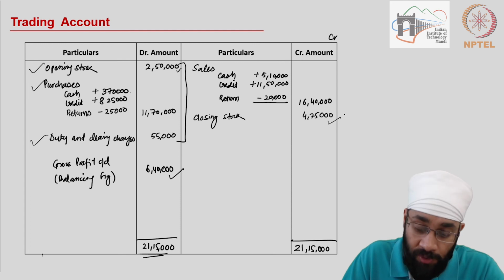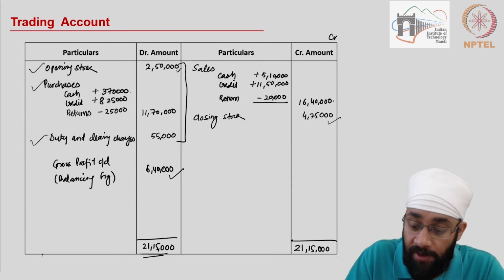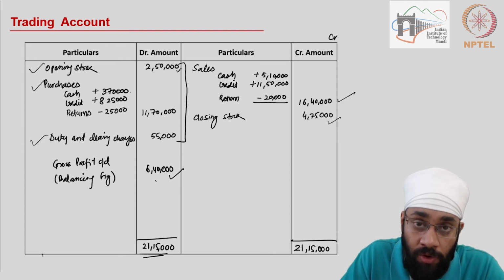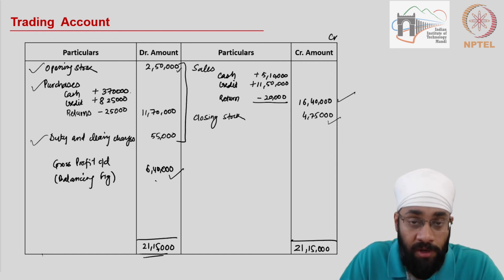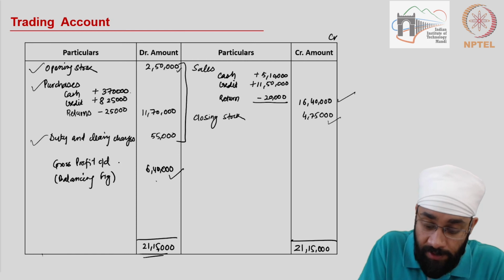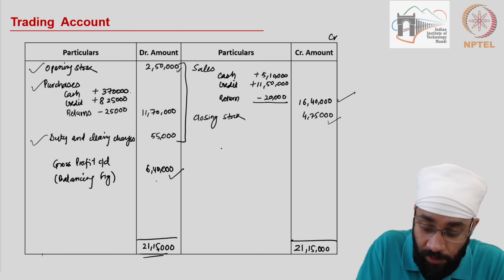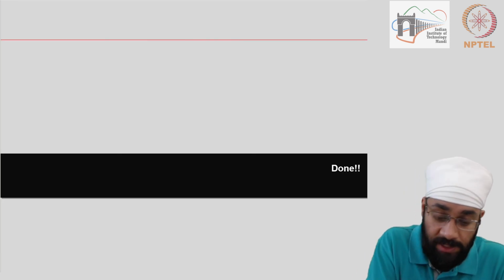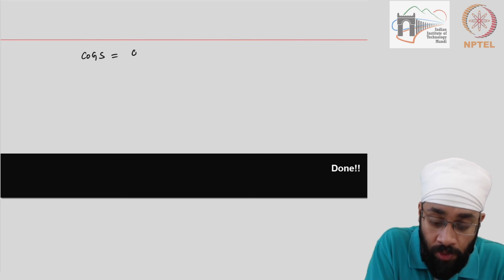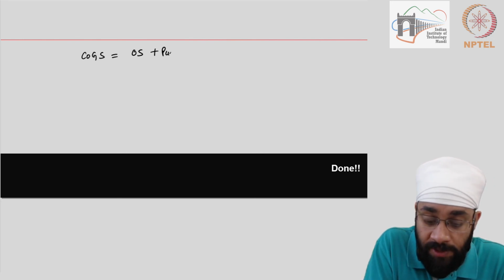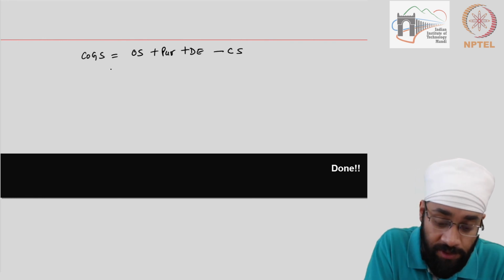And cost of goods sold, when deducted from sales, gives you the gross profit. So using this data, if you have to figure out your cost of goods sold, now what you could do is you could say opening stock is 2,50,000. So let me maybe do it on the next slide. The cost of goods sold is equal to opening stock plus purchases plus direct expenses minus the closing stock.